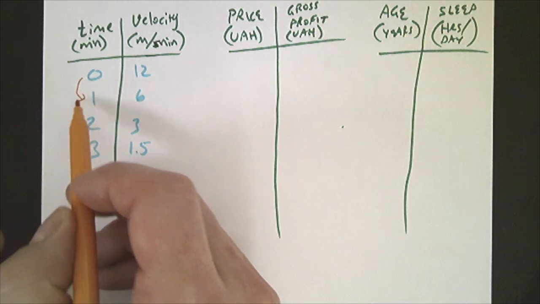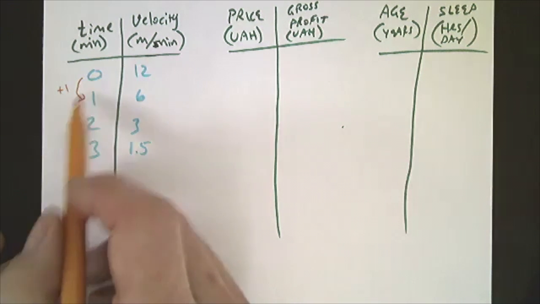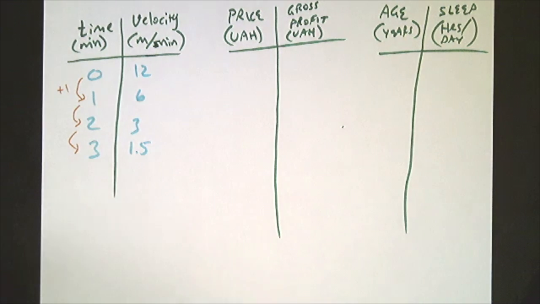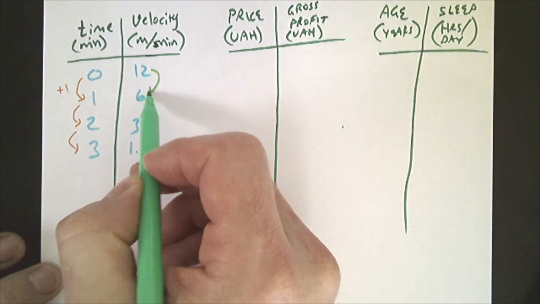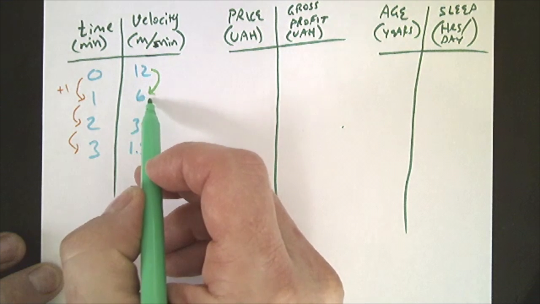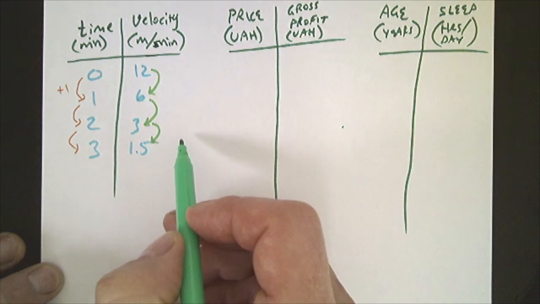this first to confirm, okay, this is consistent. It's always add one, add one, add one. Now we can compare the other side. We say, okay, what changed here? This is what happened, 12 to 6, and then 6 to 3, and 3 to 1.5. What's happening?